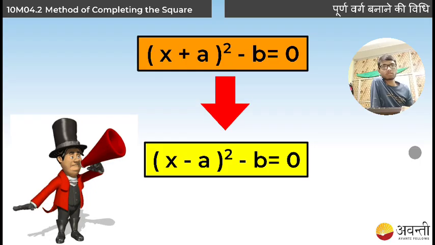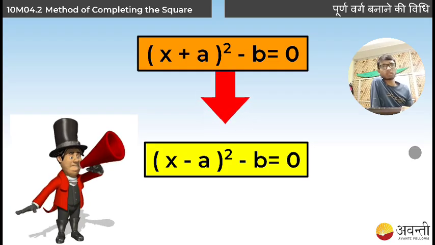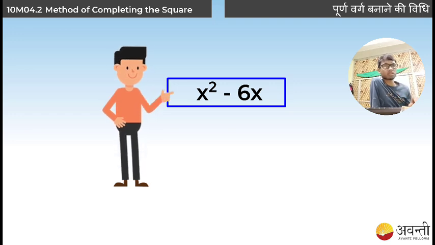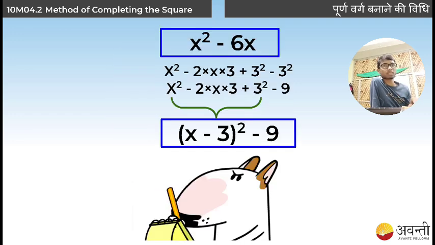I don't think it is new for me. x squared minus 6x: half of 6 is 3, so (x minus 3) squared, then minus 9.